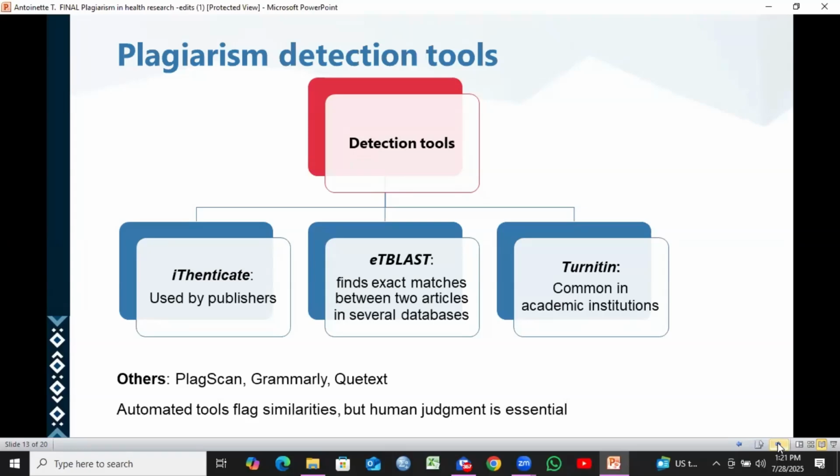Yeah, because we've been talking about integrity, which is very important in research. We have Grammarly, we have Crossref, and what have you. So we could always go online and check more on some of these detection tools. Some of these automated tools flag similarities, but human judgment is essential in plagiarism.